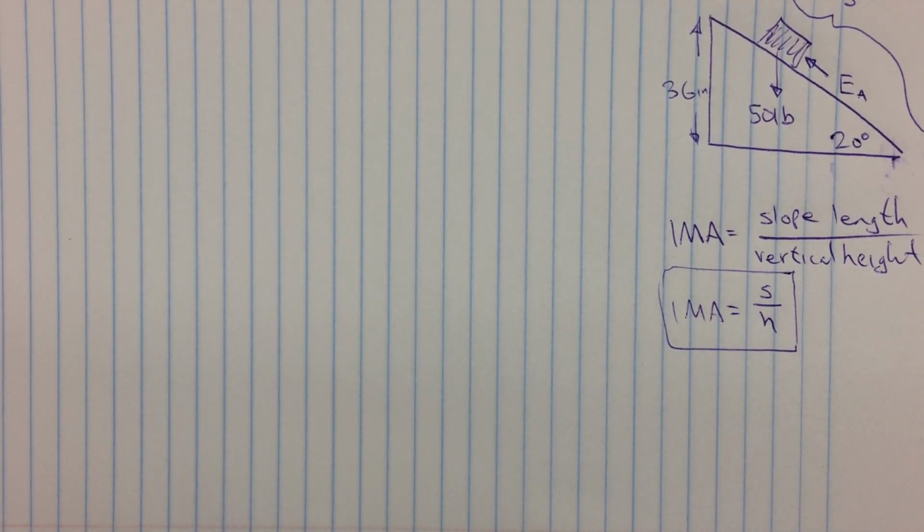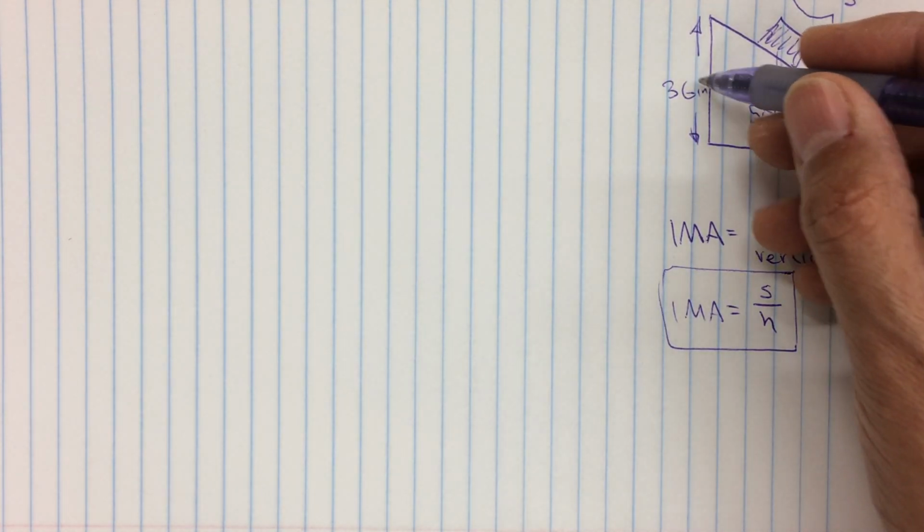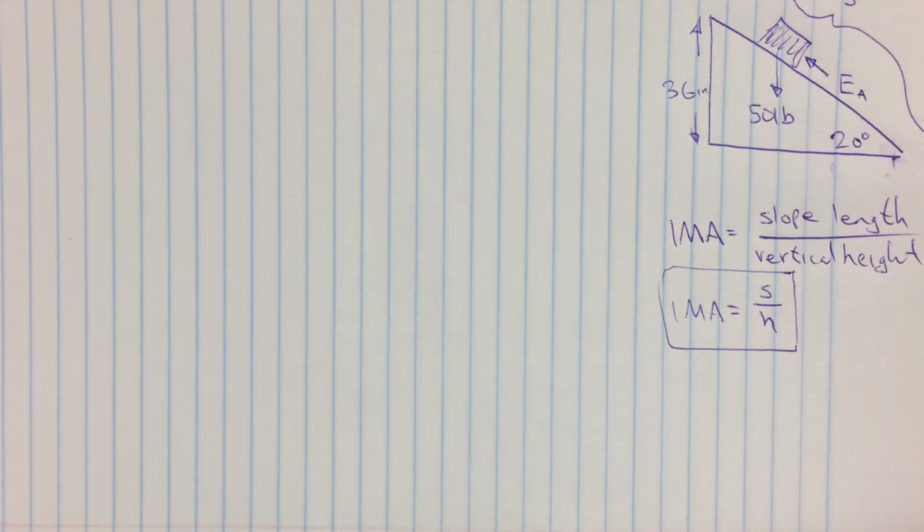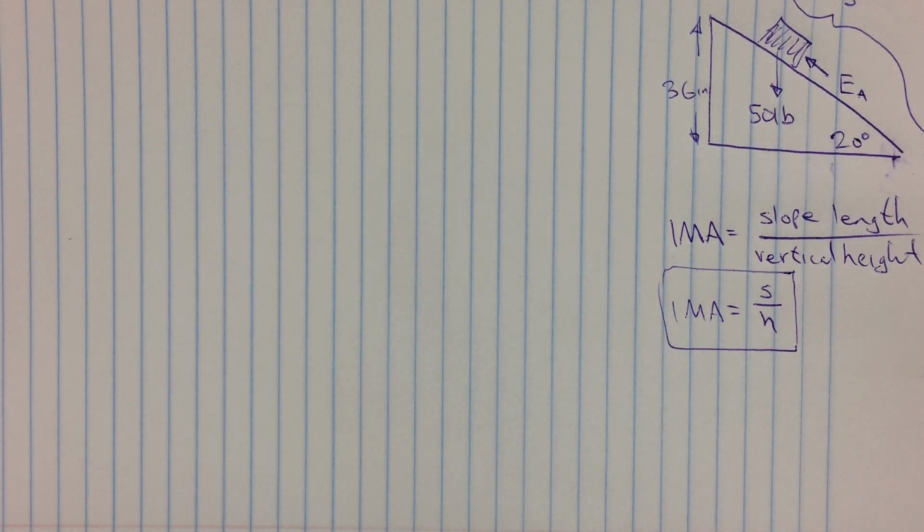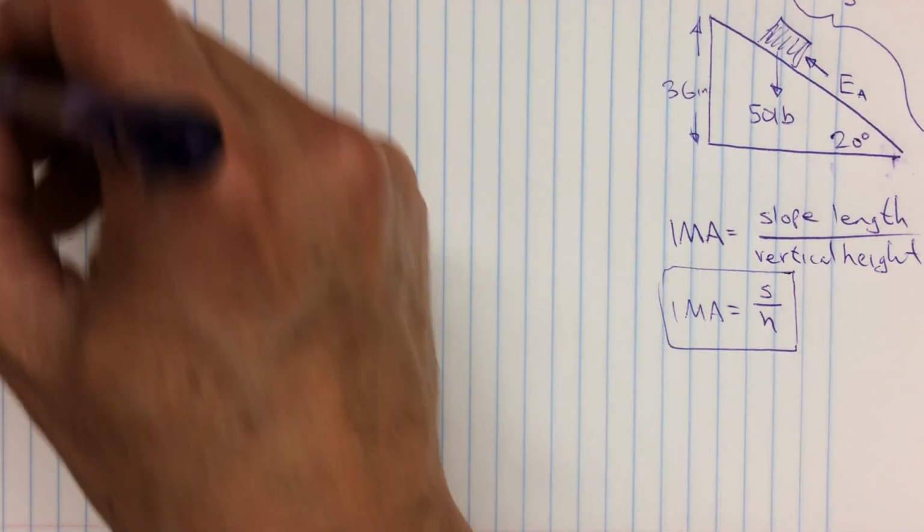Yeah, we kind of run out of letters and we use the same ones over and over again, but keep that in mind. All right, so first thing we need to do is figure out what is the length of the inclined plane's slope. In other words, what is S? We're going to be using a little bit of trigonometry here, and given that we have something on the opposite side of that 20-degree angle, we're going to be able to use that.